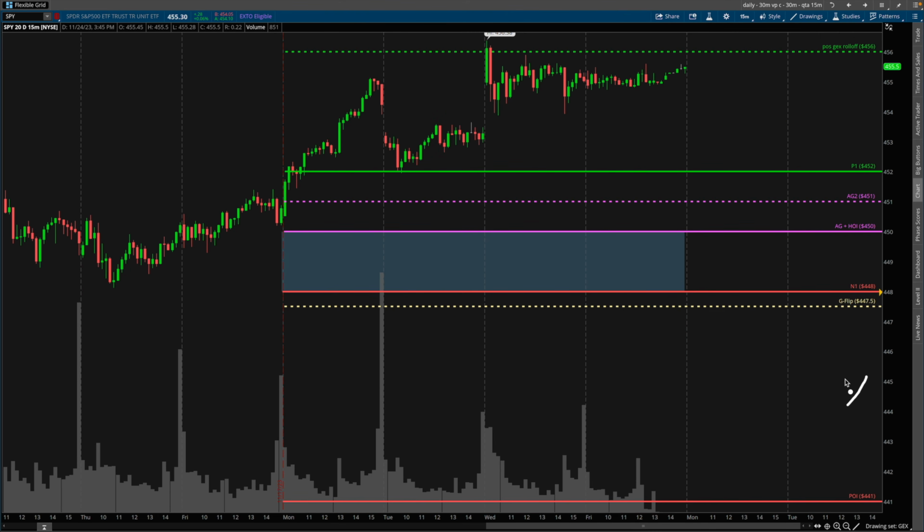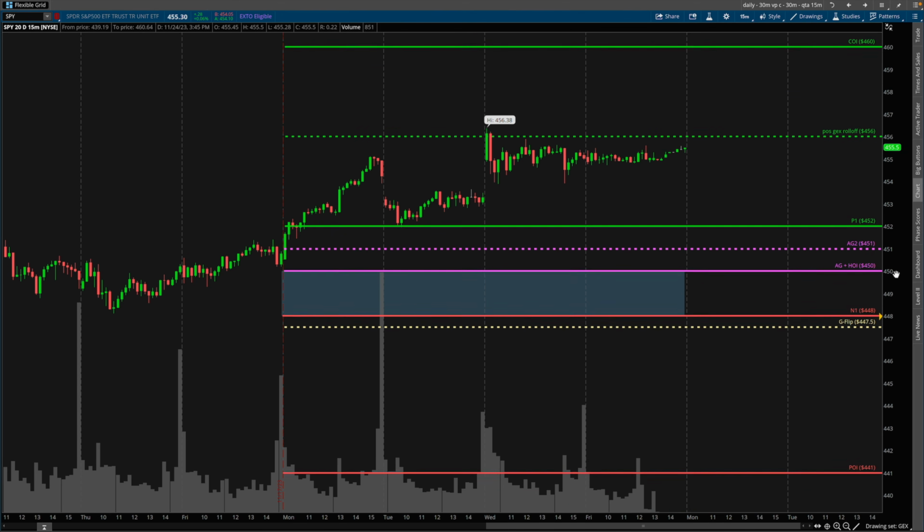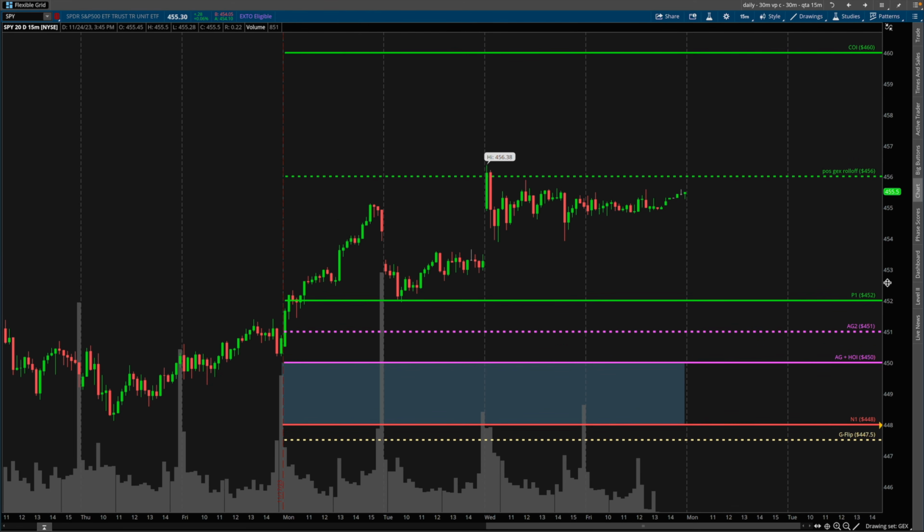So this is going to be max pain. Again, I won't need to draw this on my chart because it is naturally part of the Quant Trading App script, and it will plot the level on your chart once the market opens. So there's no need to do that, but I'm just sharing with you guys, you can add some more non-discretionary levels. Max pain acts as a major support and resistance level. If you've been part of QTA for a couple years or a year or so, then you've already seen it in action. So there's no need to explain how significant of a support and resistance level it is.